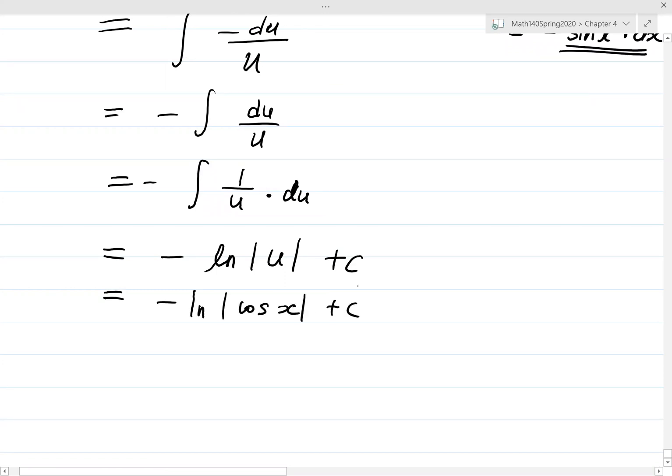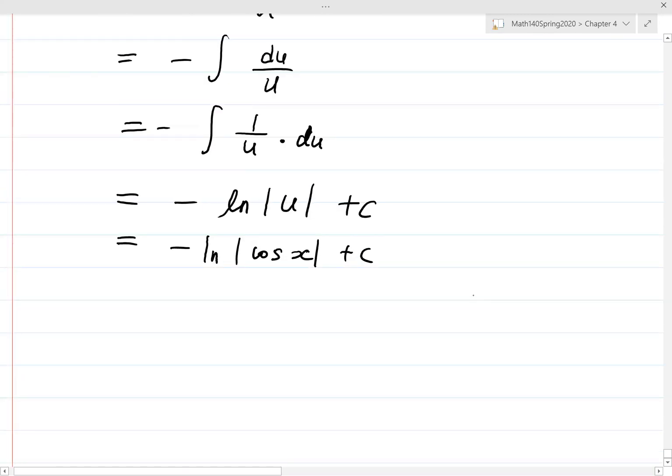Now what we often do is put this negative 1 inside the ln as cosine x to the power of negative 1, plus C. This will be ln of 1 over cosine x.